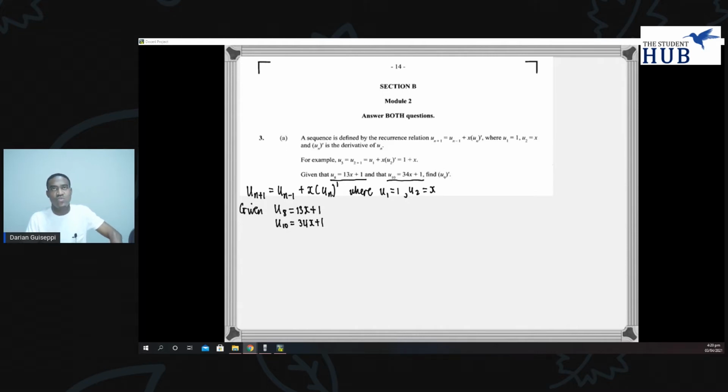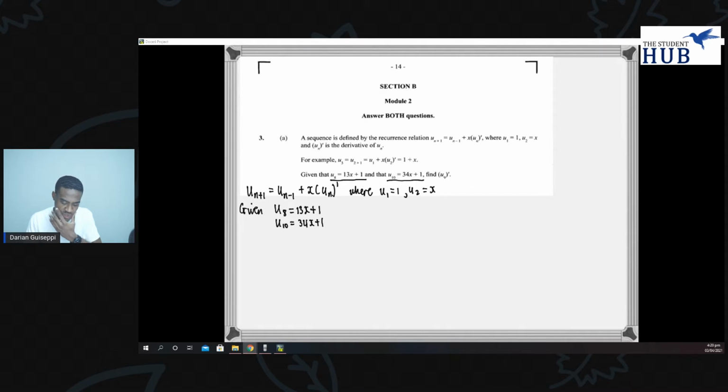How do we do that? I am thinking probably use the recurrence relationship, but what value could we use? That's what we need to think about. The value I'm thinking is you have u10.